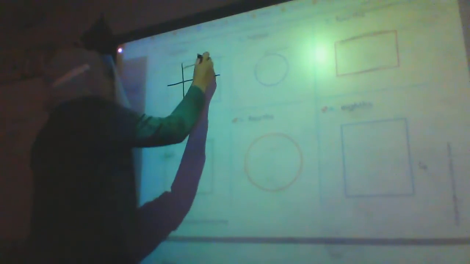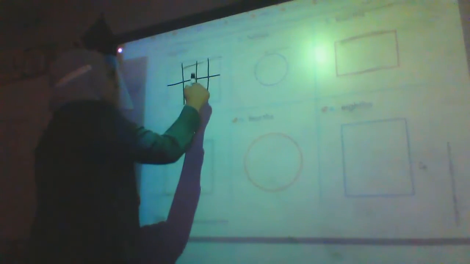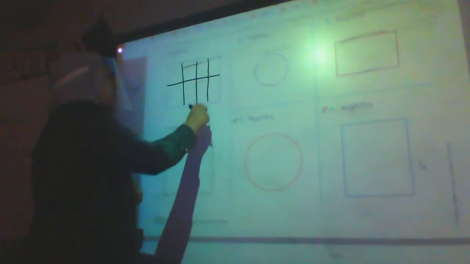You're going to draw a line here, and it has to be equal parts. So you really need to just try your best to make the lines even. I know it's hard, but you need to just try. So eighths, that means a line here, and then there's 1, 2, 3, 4, 5, 6, 7 eighths. Is that cut into eighths? Yes. So you need 1 horizontal line and 3 vertical lines.